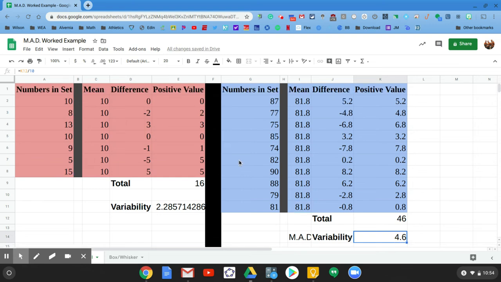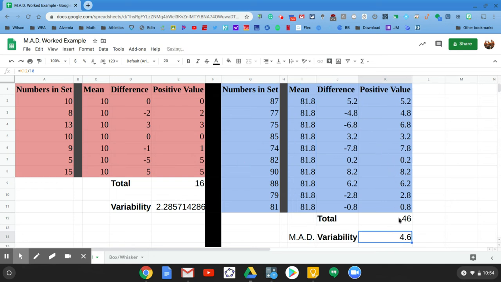So to finalize this, what does this all mean? Why am I calculating all of this work? Well, what we're actually calculating with variability, what I teach in my classes, is consistency in data. And when I say consistency, what we mean is how close all of the numbers in your set are in relation to its mean.